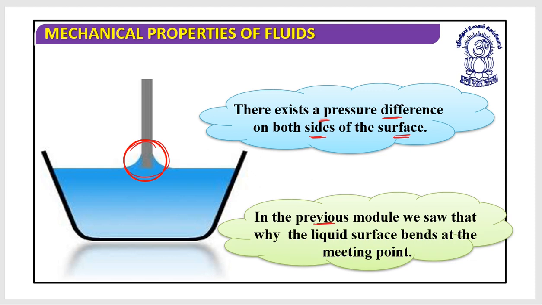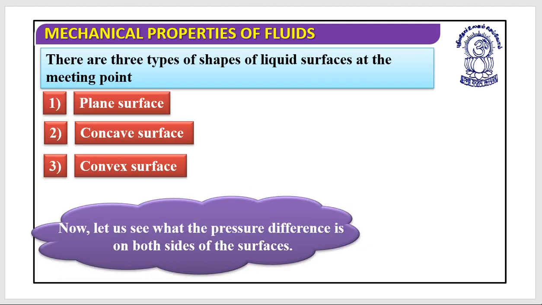We have tried to show why this material is going to bend at the meeting point. There are three types of shapes of the liquid surface at the meeting point: one is the plane surface, another is the concave surface, and the third is the convex surface. Now let us see what the pressure difference is on both sides of the surface.